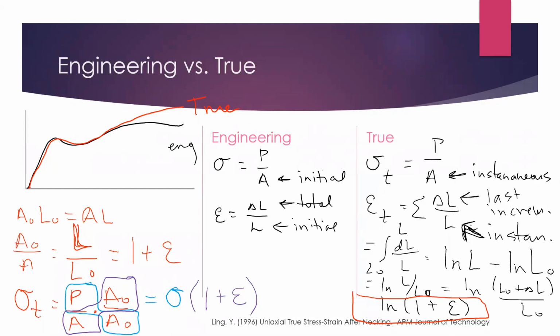It's not concerned with the system, it's concerned with the material itself. And so it needs to know the true values. But for us, all of our framework for design is based on this average stress, essentially. What is the normal stress in terms of that initial area? And so we don't need to know the true stress in most applications.